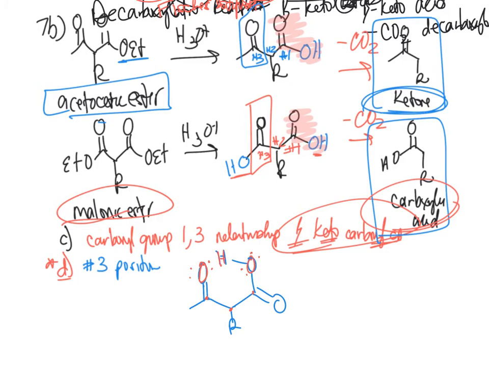If you look at that as a ring, what happens is this OH, those electrons are going to go here, and then these electrons go here, and then this goes here, okay?